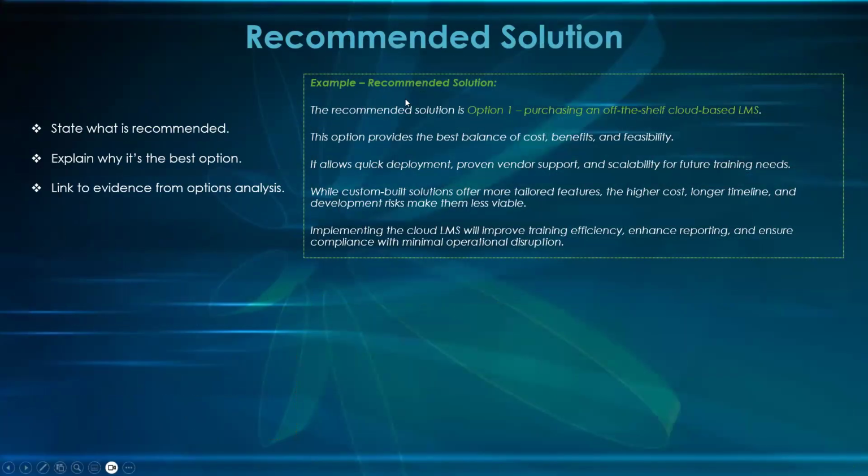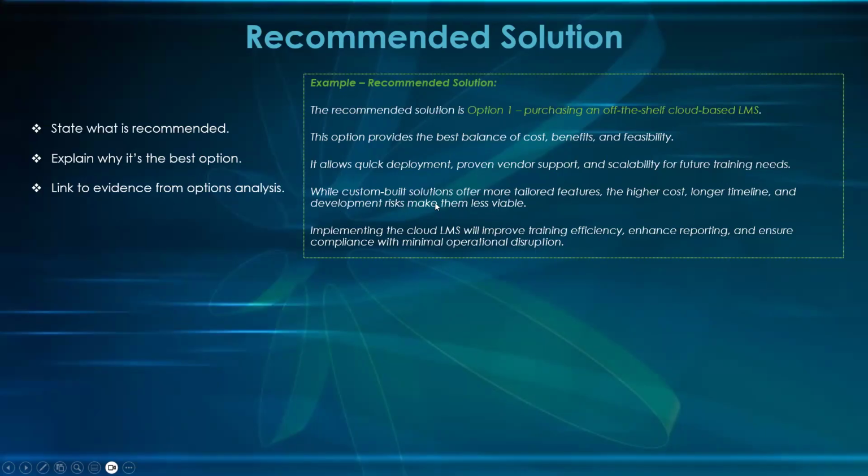So for this one, you see option one, purchasing an off-the-shelf cloud-based LMS, is the best option. This option provides the best balance in terms of cost, benefits, and feasibility. It allows quick deployment, provides vendor support, and scalability for future training needs.